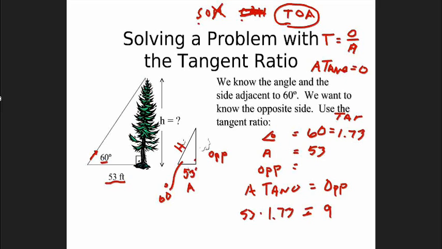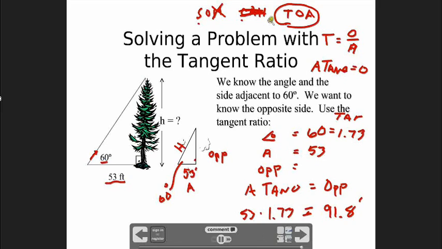That's how tall that tree is, 91.8 feet. And now I'll put that last symbol in. Okay, so we figured out just from two things how tall that tree was. Okay? Review it. Go back, look at what we did.